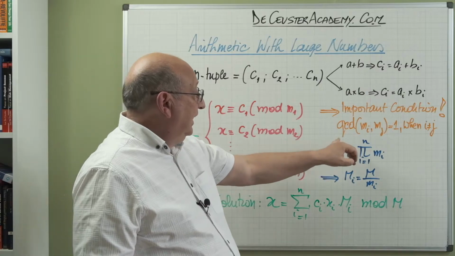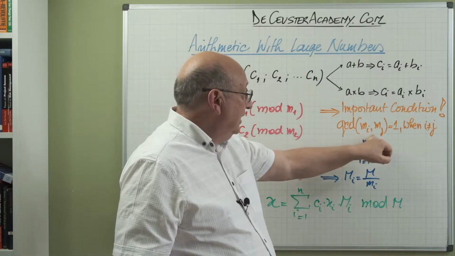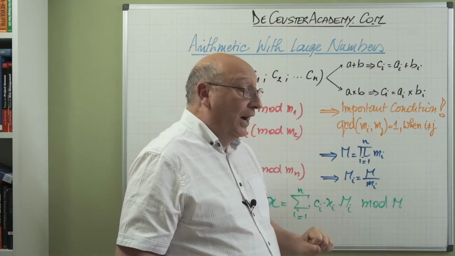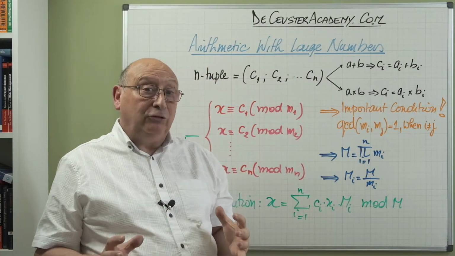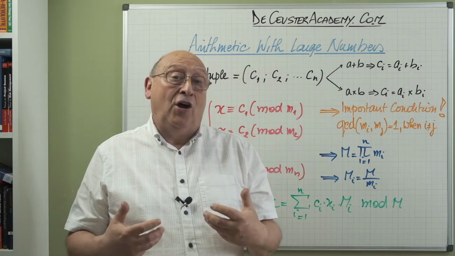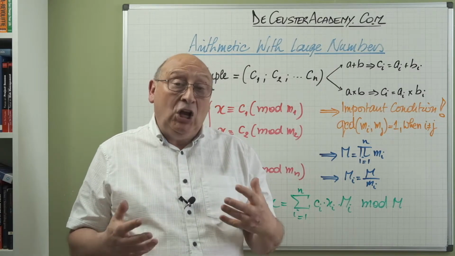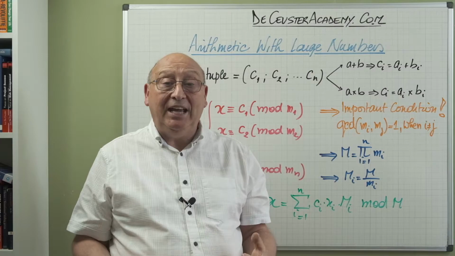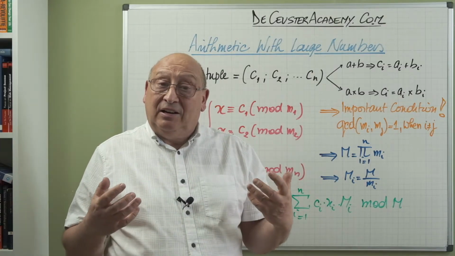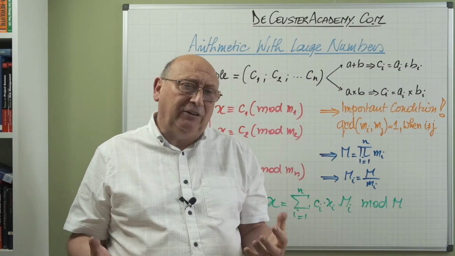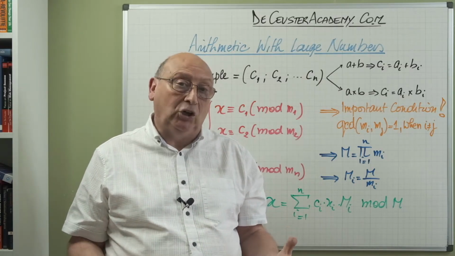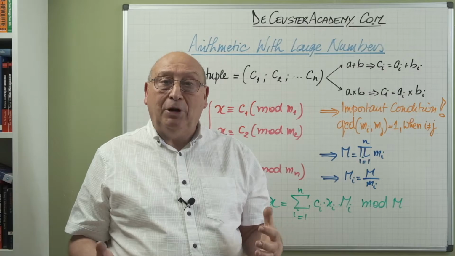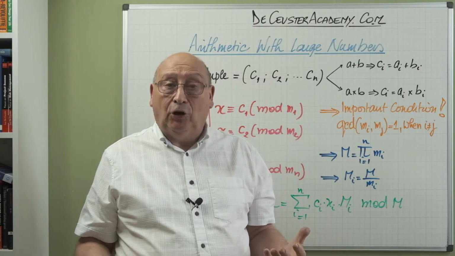It means that the GCD of Mi and Mj is equal to 1 when i is not equal to j. So basically when we select those moduli, we have to select them in a way that they are relatively prime. They don't have to be prime numbers, but they have to be relatively prime to each other. We can use prime numbers, that's not a problem, but they don't have to be.